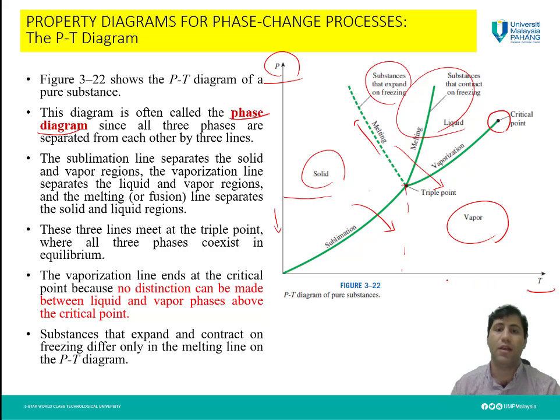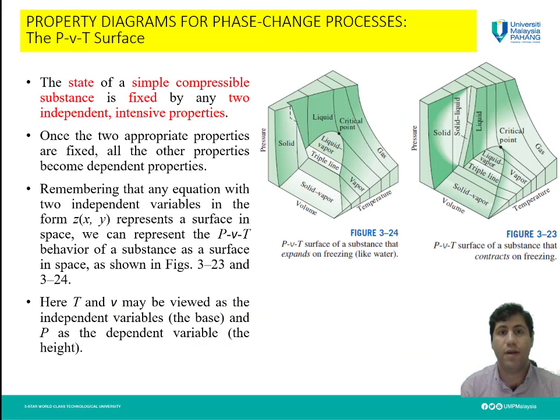Now let's see if we can show this diagram in a 3D diagram. Can we have a PVT diagram for a substance or not, and how can it be? Okay, now let's see a three-dimensional diagram for this phase change process.